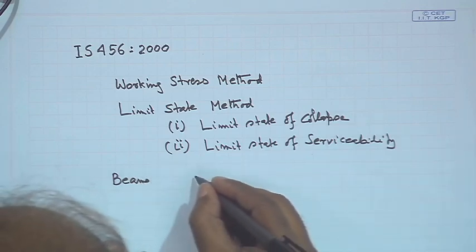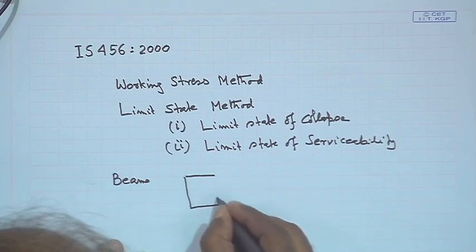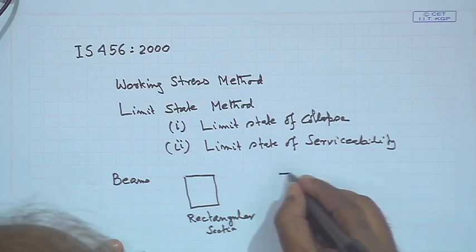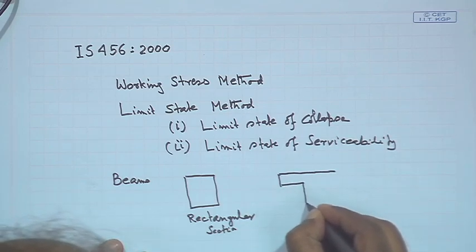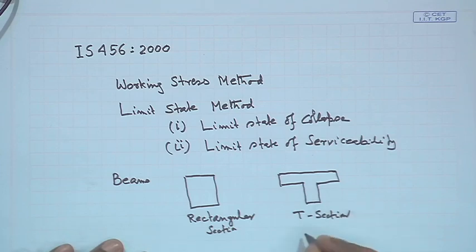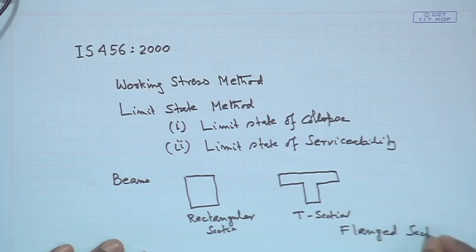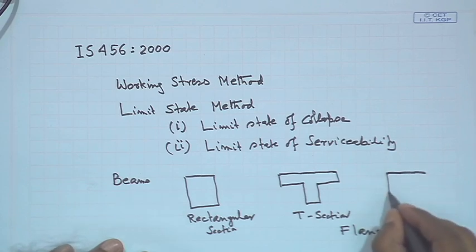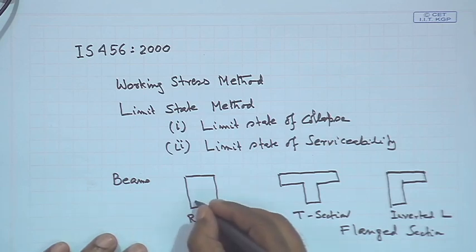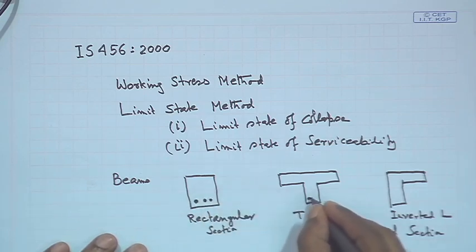As we all know, rectangular section, then we have T section, I mean to say flange section, and we have inverted L. Reinforcement we are providing here at the bottom, let us provide only 2, as I do not have sufficient space.